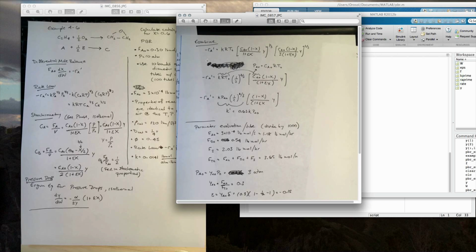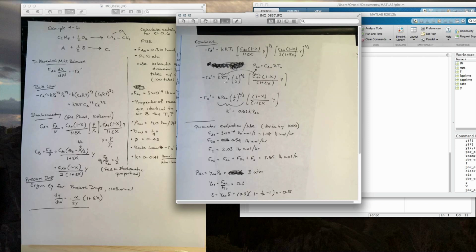So for the rate, they just put CA and CB into this equation. So then we get this, and if you pull out 1/2 to the 2/3, you can combine these two to get just CA naught (1 minus X) over (1 plus epsilon X) times y, multiplied by 1/2 to the 2/3, and then we still have the K R T naught.